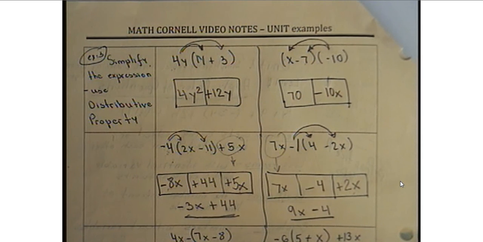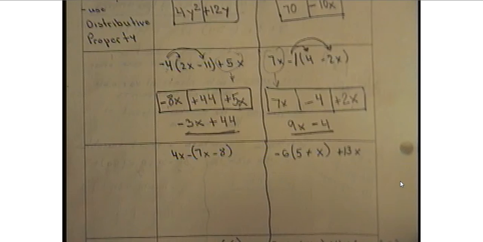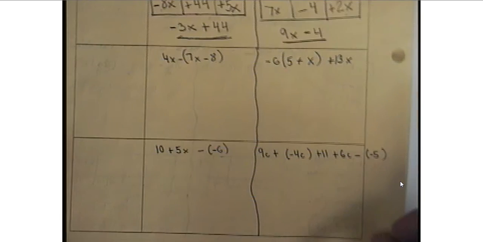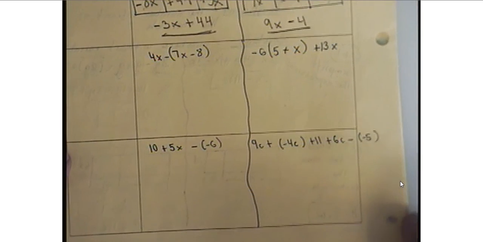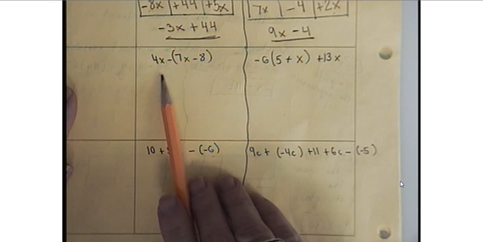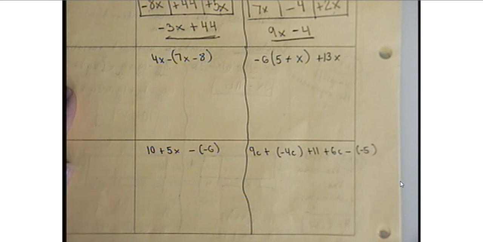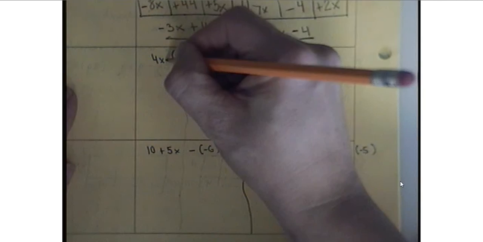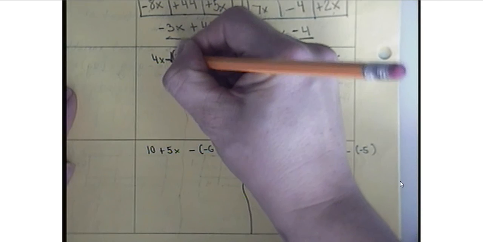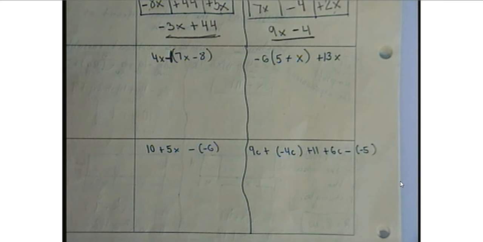If not, follow me. Alright, so for examples, to complete this lesson, we have 4x minus, 7x minus 8. Well, again, in front of this parenthesis, I will just write down number 1 to remind me about the distributive property.